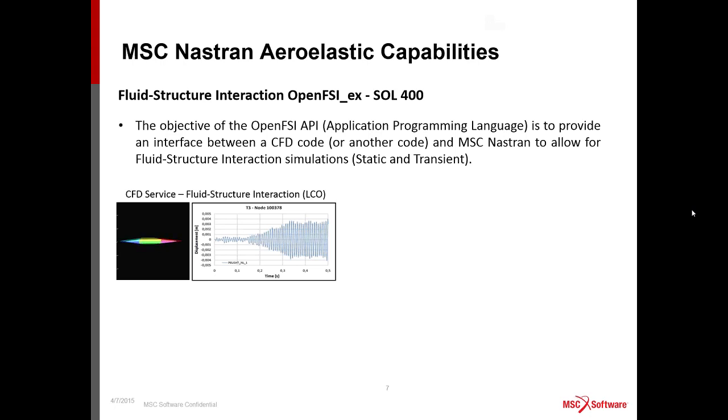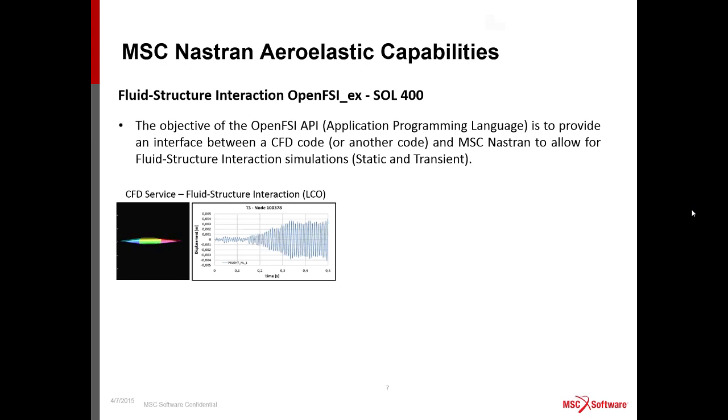So, we can use it in order to couple Nastran to a CFD code. Some phenomena, for example limit cycle oscillation, are not possible to evaluate with a simple linear aerodynamic model, okay?